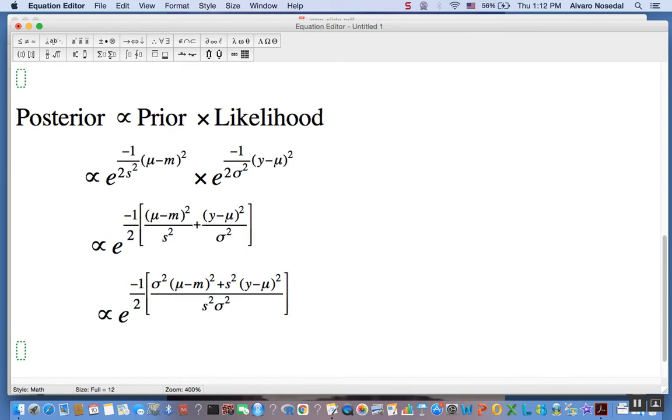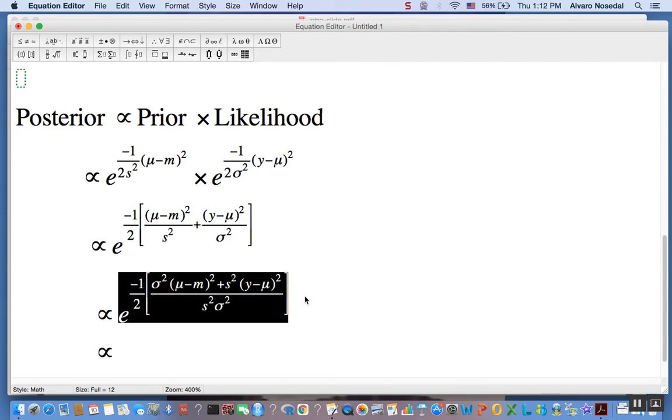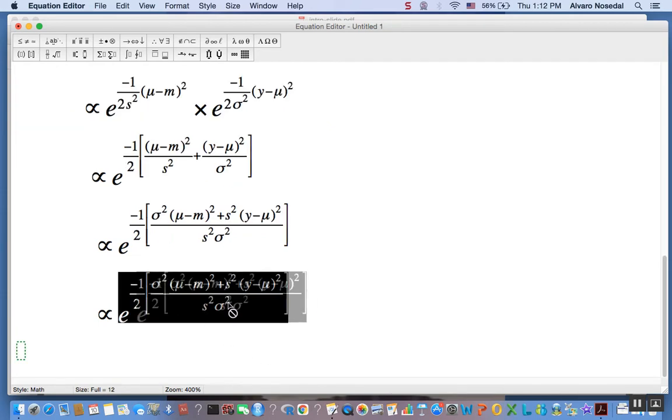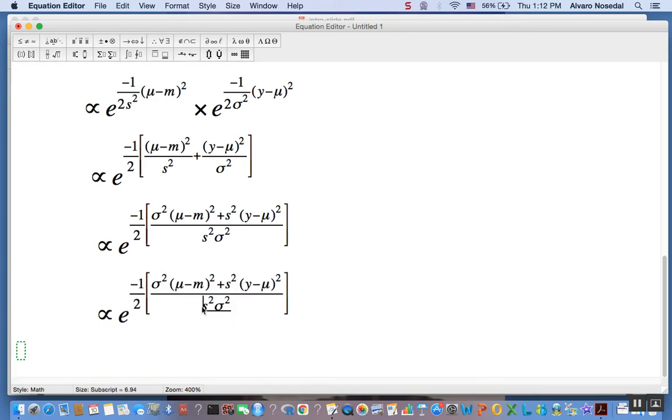Okay, then you could factor out this guy, s squared divided by sigma squared. Right? And then you only have this here.